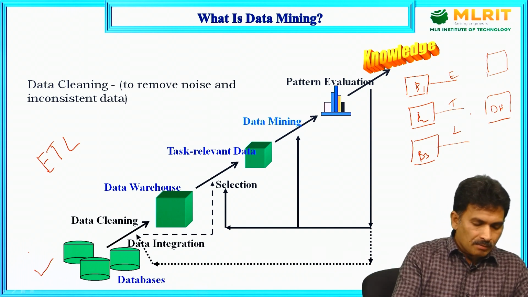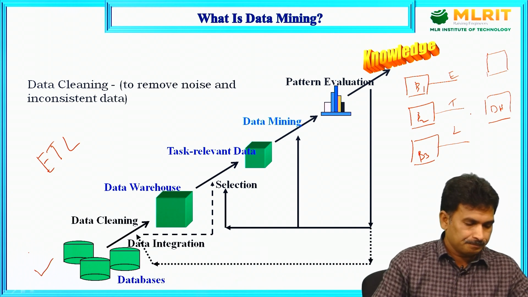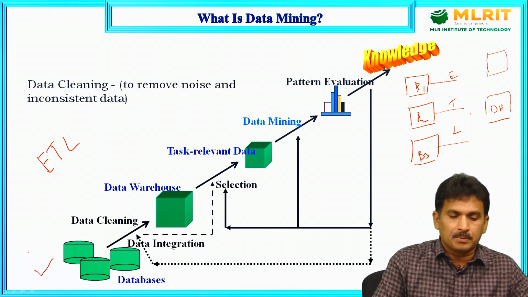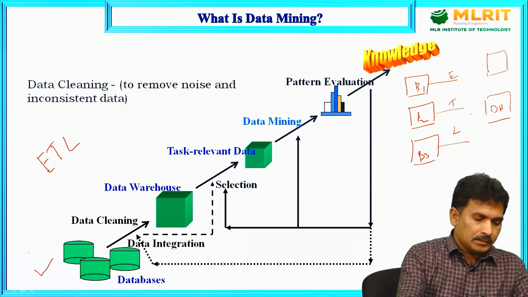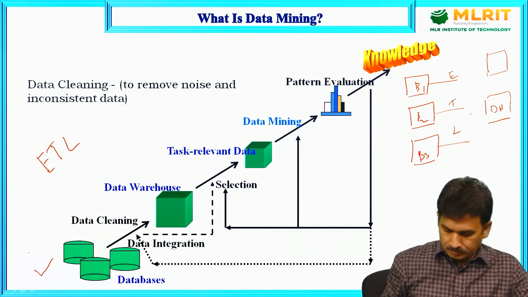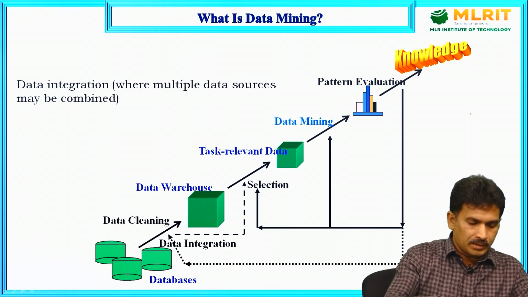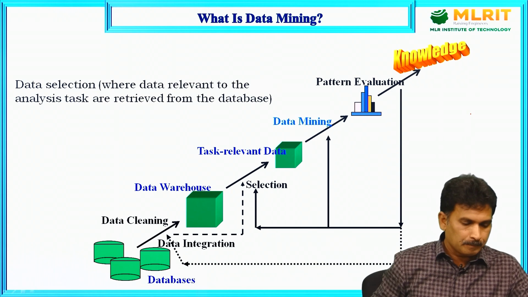So from the different databases, data is being integrated, and then, as we just discussed, the pre-processing. The data cleaning needs to be done, that is, to remove the noise and the inconsistent data. Then the data integration, which we already discussed, where multiple data sources may be combined.